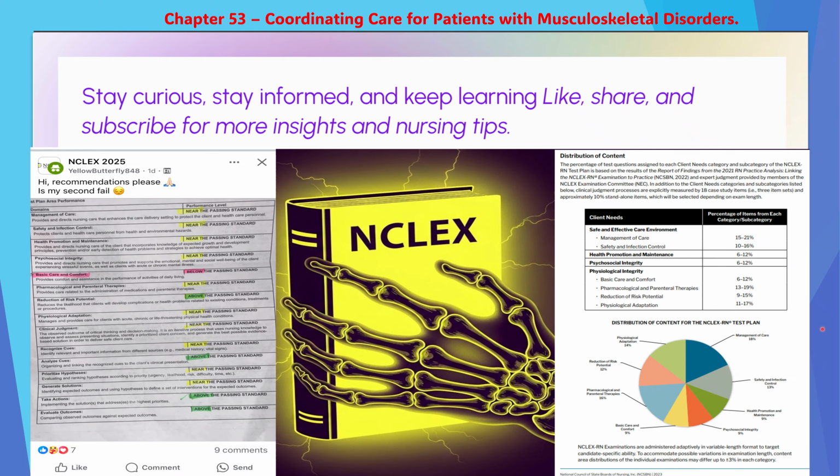For the LVN, they give you a little section, you know a little bit, but they focus on management of care. Pharma is not that huge. I just know because when I did it, it was very limited.